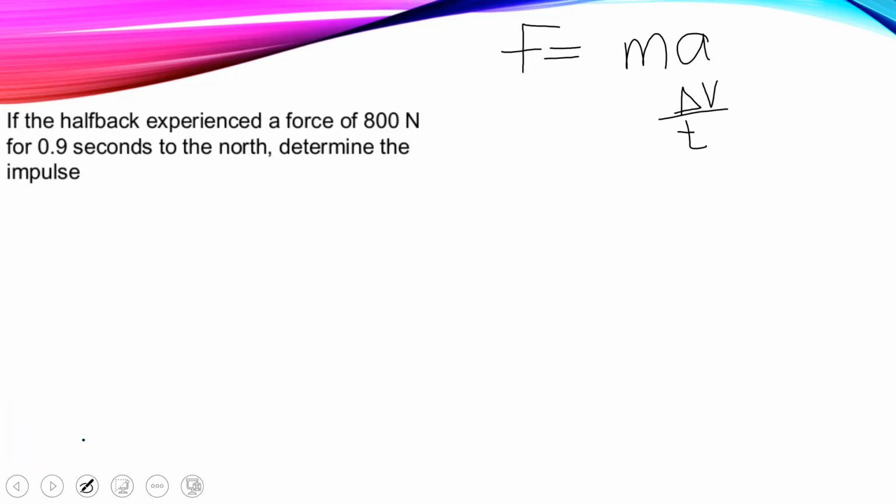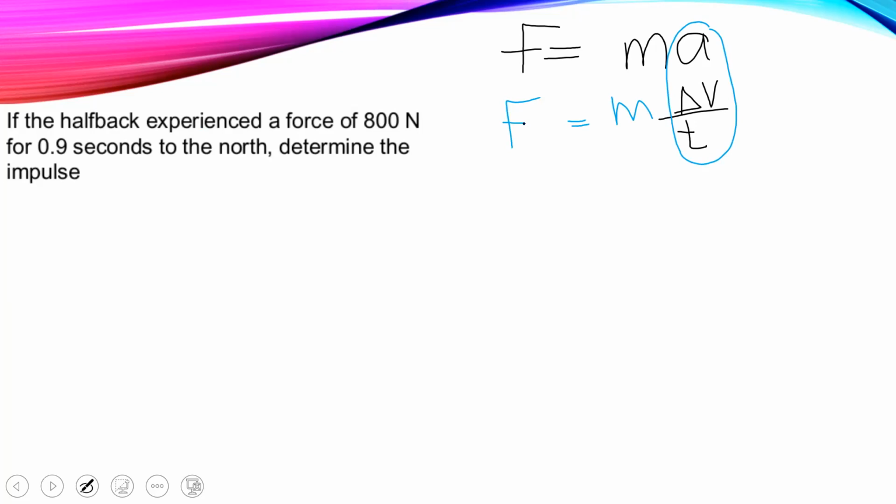Yes. I told you that from Newton's second law, a force is m times a, and the acceleration is a change of velocity over time. And we keep m as it is.